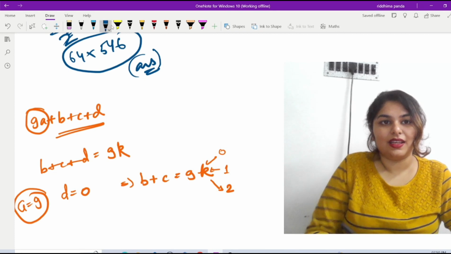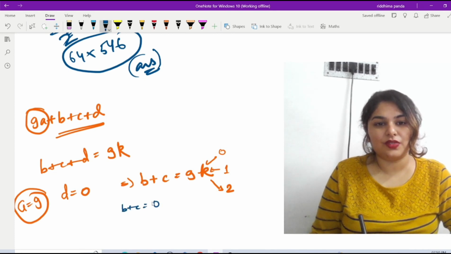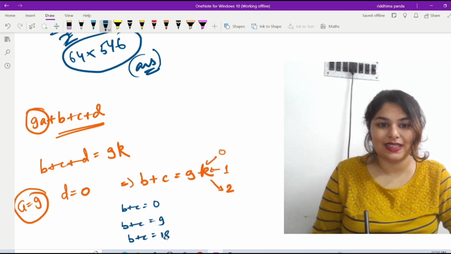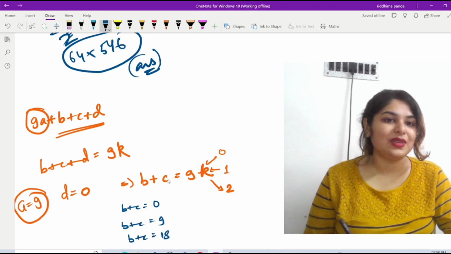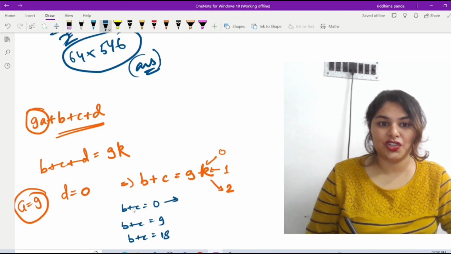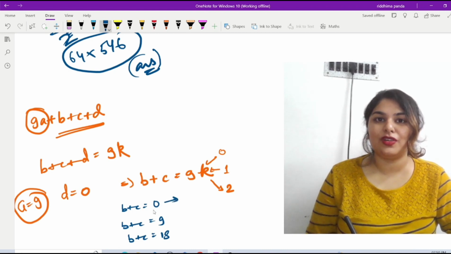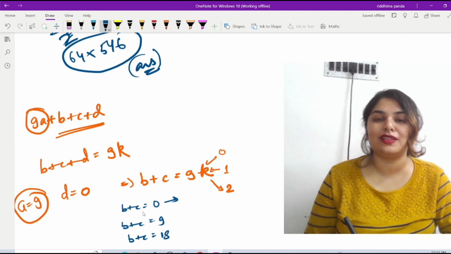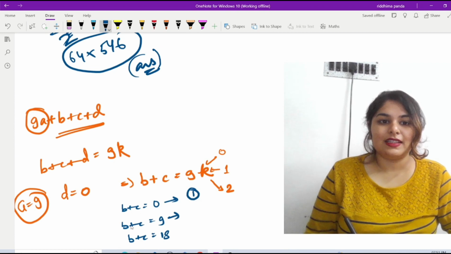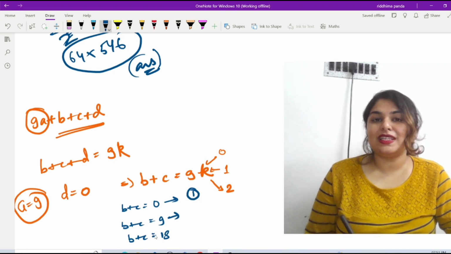That means B plus C is equal to 0, B plus C is equal to 9, and B plus C is equal to 18. Correct? So what are the combinations for B and C? For the sum to be 0, there is only one combination, that is, the values of B and C should both be 0. So only one possibility.